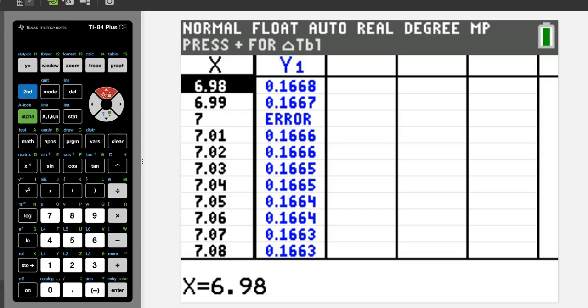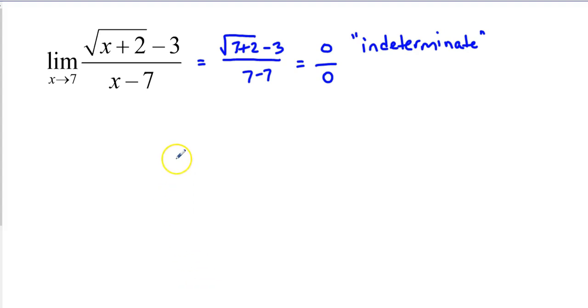Okay, so graphically, or numerically, we have found the limit to be 0.16 repeating.